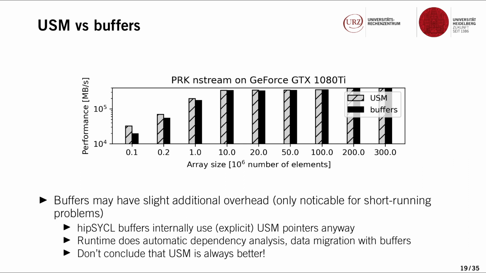And with buffers, the runtime has to do automatic dependency analysis and automatic data migration, which in the explicit USM pointer case, the user does basically. Don't take away from this that USM is always better, because it's not. It's just that in hipSYCL, for very short running problems, there's an additional overhead for buffers.